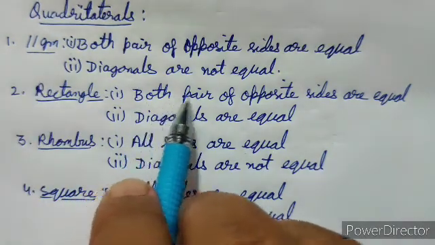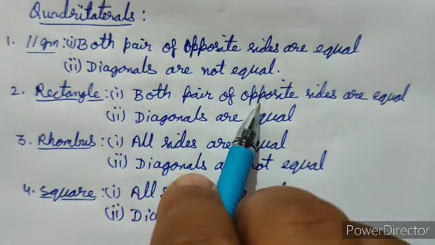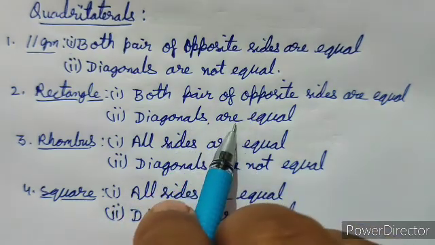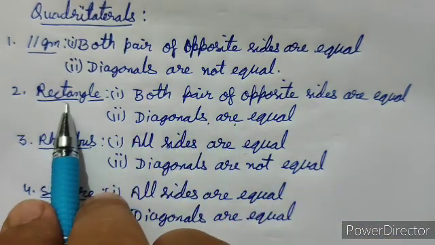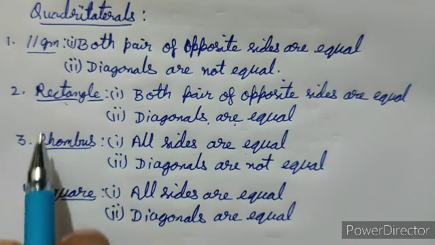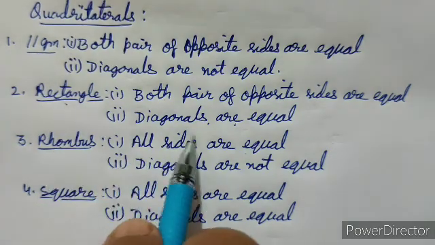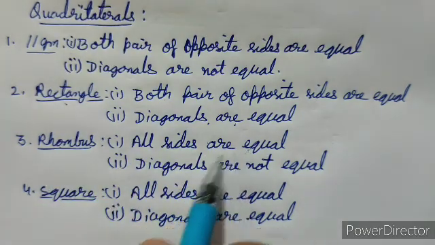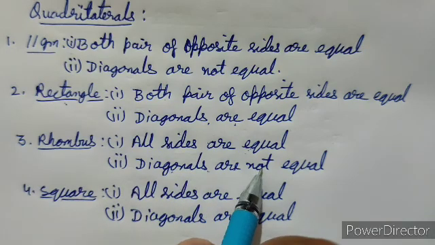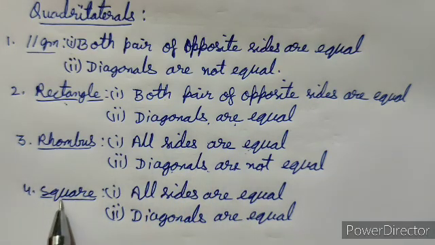If both pairs of opposite sides are equal and diagonals are also equal, then that quadrilateral will be a rectangle. In case of a rhombus, all sides will be equal and diagonals are not equal, and in case of a square, all sides are equal and diagonals are also equal.